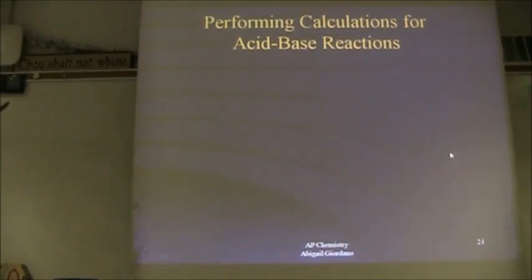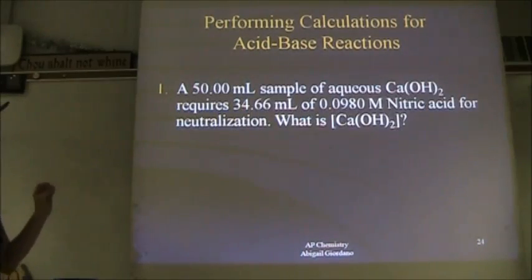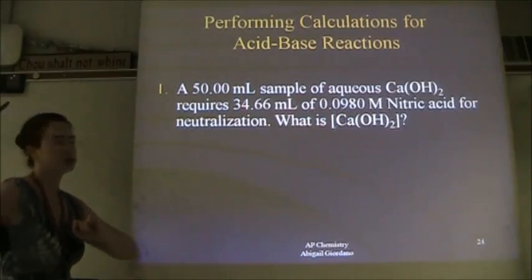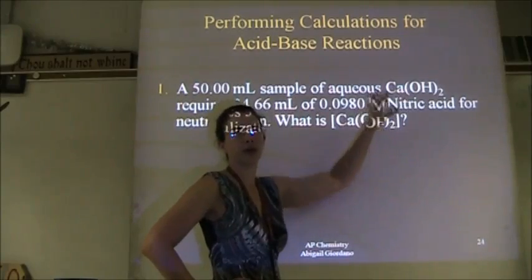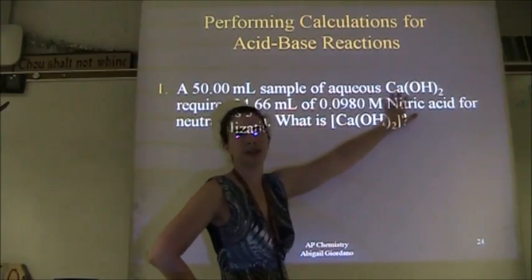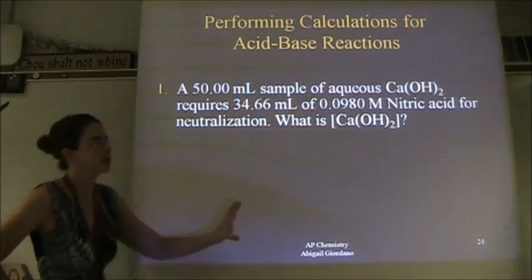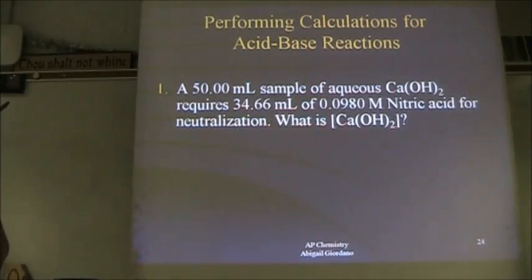So let's get to some of the math here. This problem, oh, and by the way, again, for those of you that printed out the PowerPoints, I made a change here and here. I think on the previous time, when you first printed it out, it said lithium hydroxide. I've changed it to calcium for a reason.